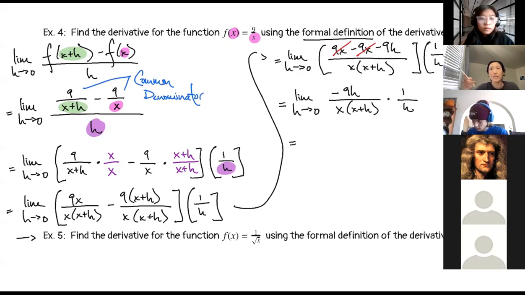Now, after we cancel out some things, we should be at a point where the h's go away, meaning that this top h and that bottom h reduce. H divided by h gives you 1. So we don't have that anymore.